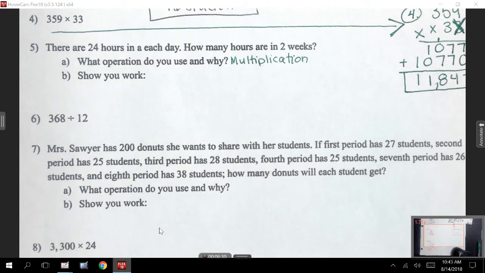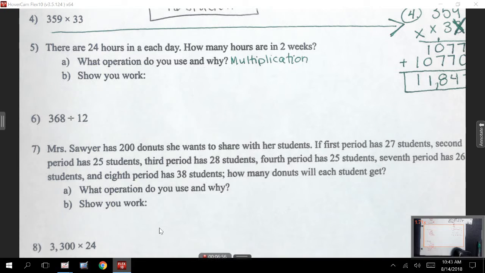Because the 24 hours, does it just happen once? No, it's going to repeat. Anytime it happens multiple times, we're going to multiply. All right? It happens multiple times when it repeats. So it's that same concept.